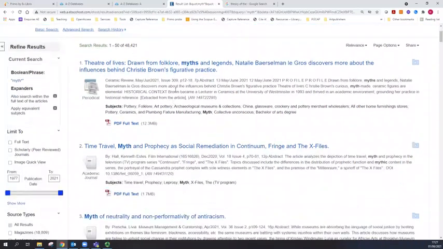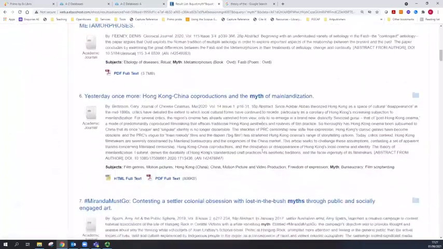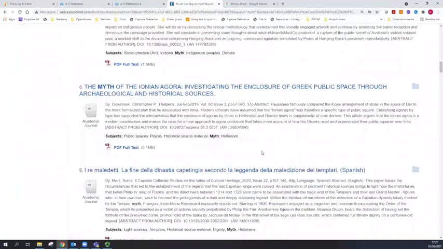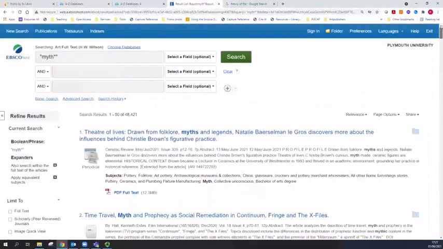So you can see as well that what's coming up here, we're getting a lot more of myths, as well as the mythology, etc. So using truncation can really expand your search. It is particularly useful for words such as ology, where there could be different variants of the same word, but with the same beginning.